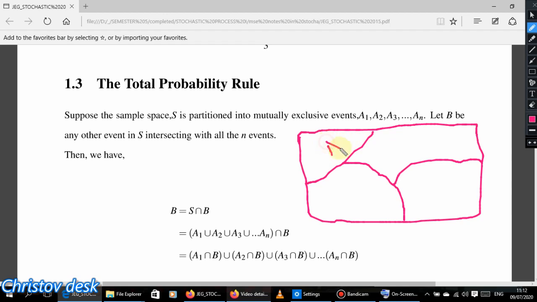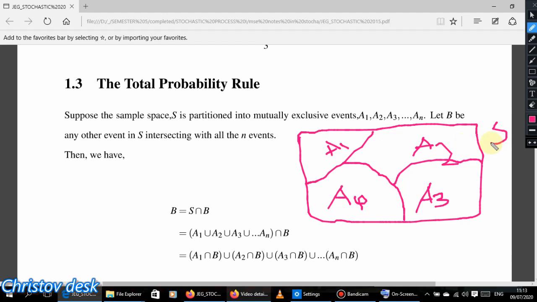You can call them A1, A2, A3, A4. Now these are partitions and they are mutually exclusive. It means this doesn't intersect with that, so there is no intersection. This is the sample space S.